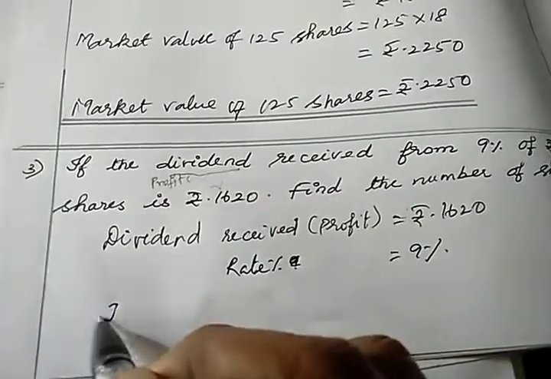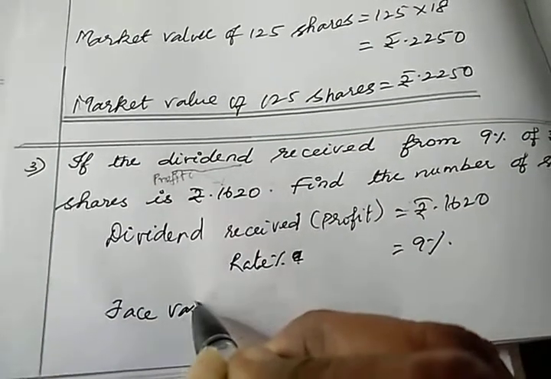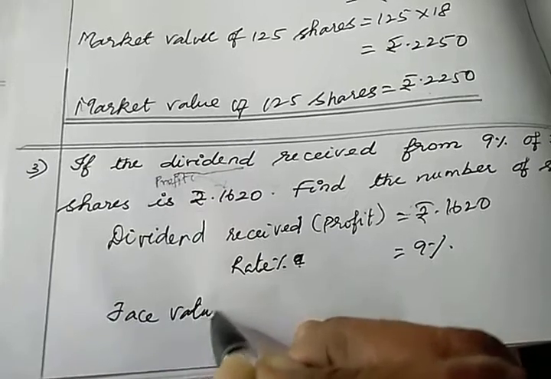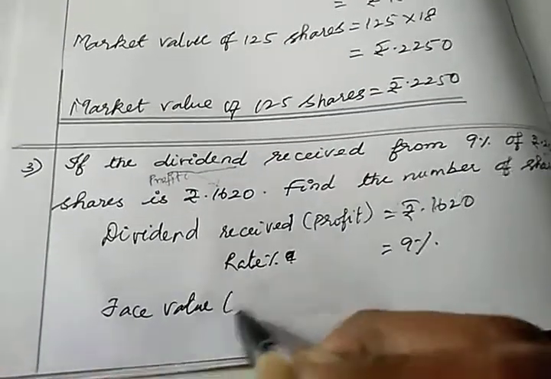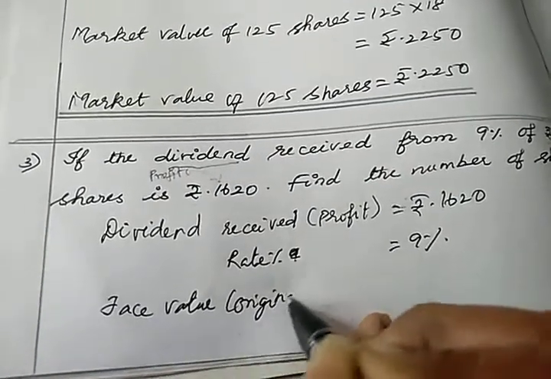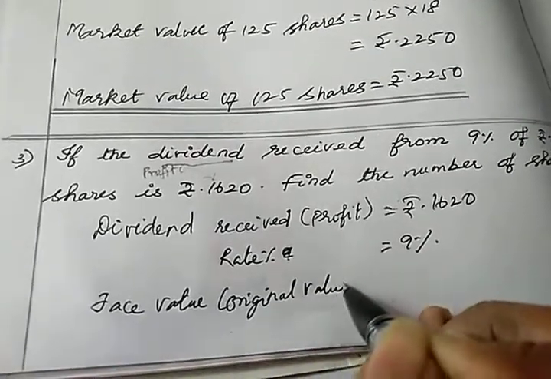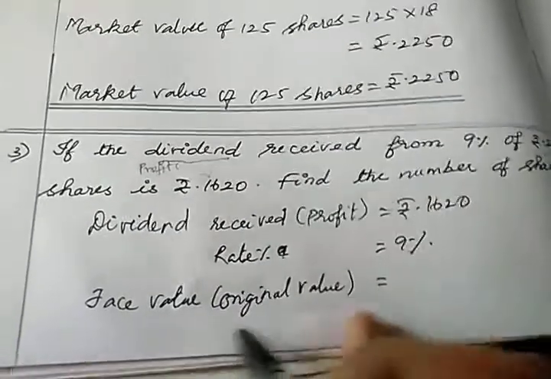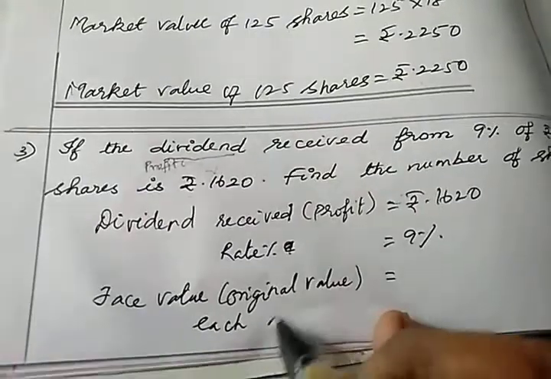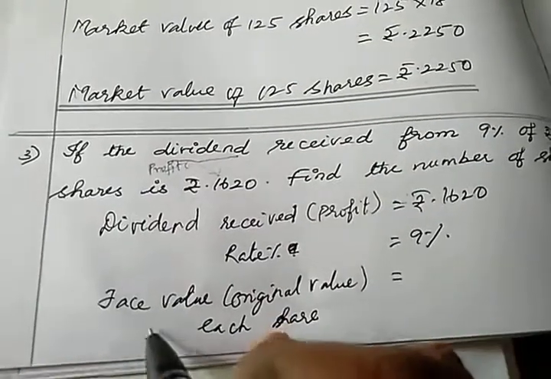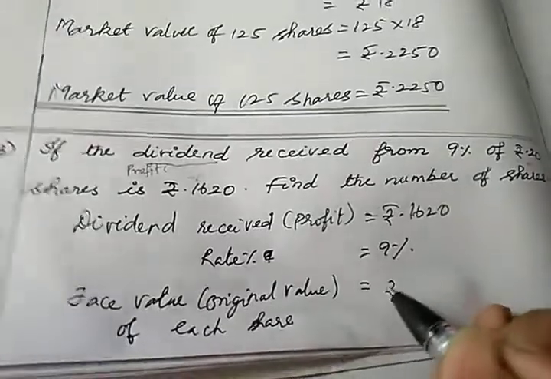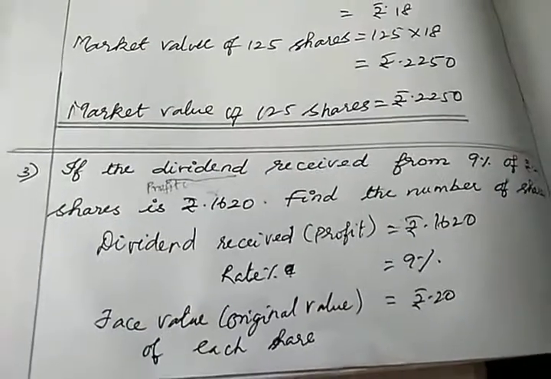Face value of each share, the original value of each share, is rupees 20. We have to find the number of shares. So let us keep the number of shares as X.